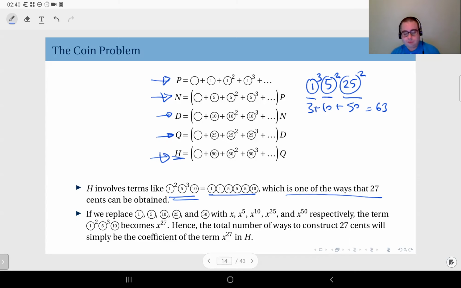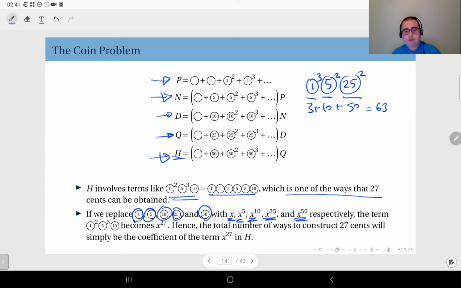So for this to help me, what I'm going to do is a neat trick. I'm going to replace this 1 with the variable x, this 5 with x to the power 5, this 10 with x to the power 10, 25 with x to 25, and finally, 50 with x to the power 50.